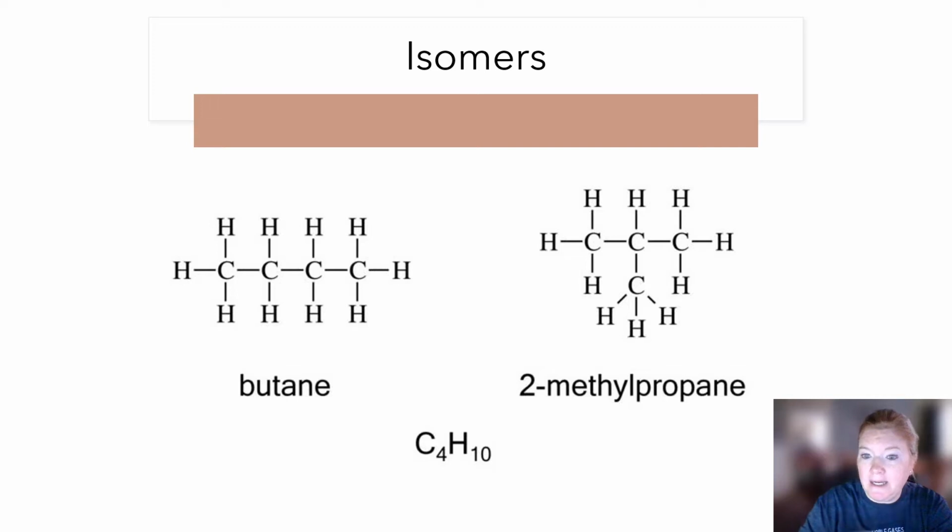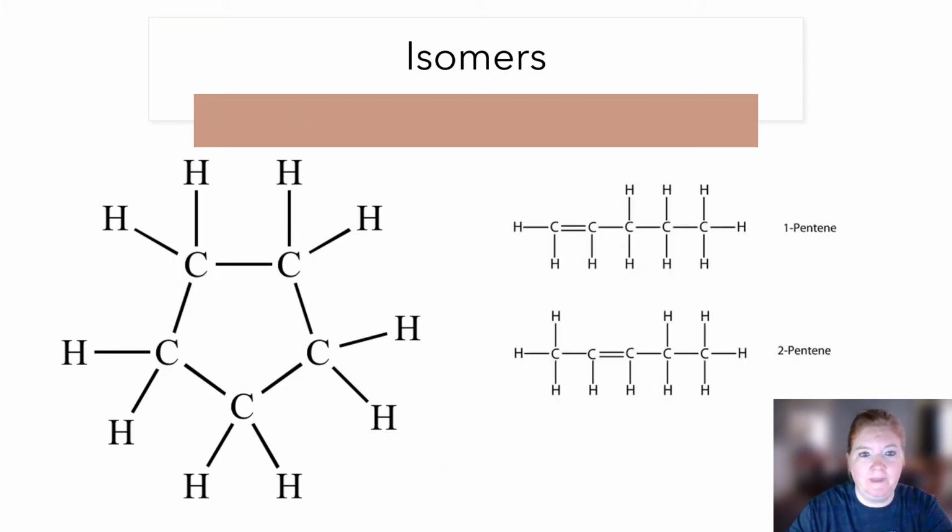Okay, so again, isomers have the same molecular formula, but a different structural formula and therefore different properties. Count them up. It's C5H10.